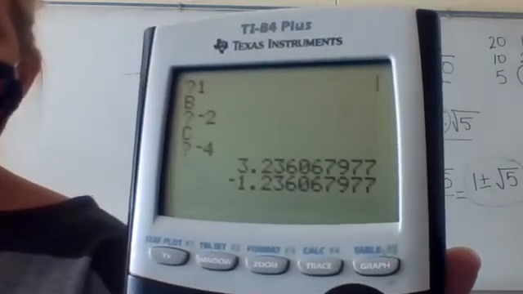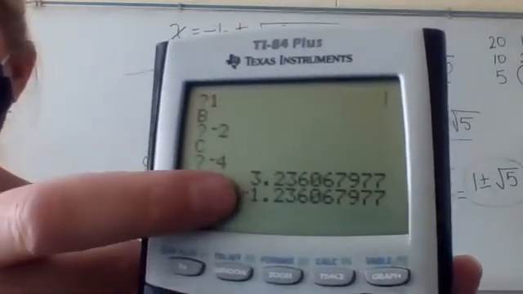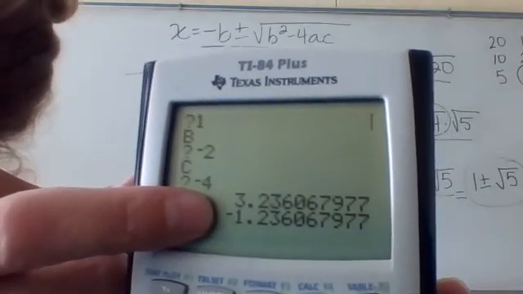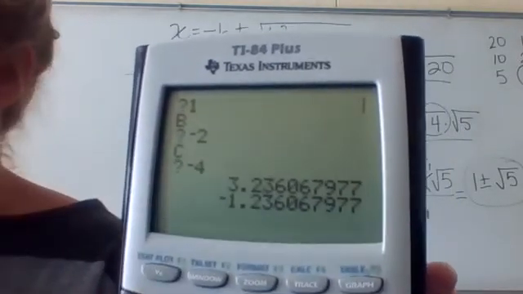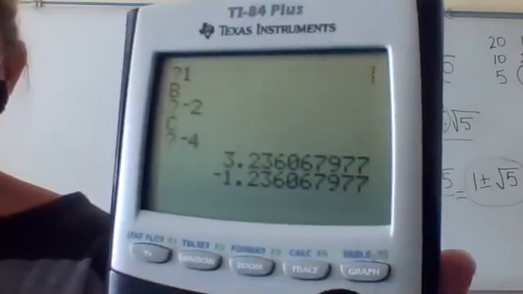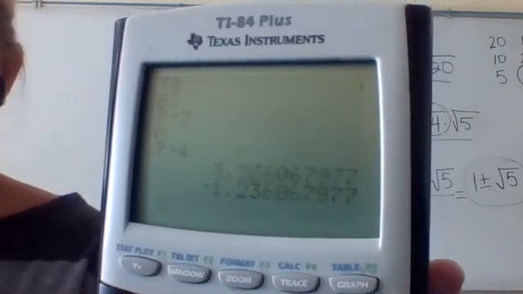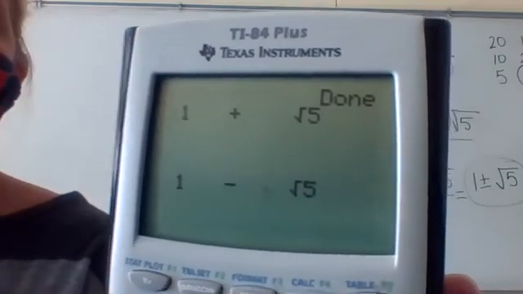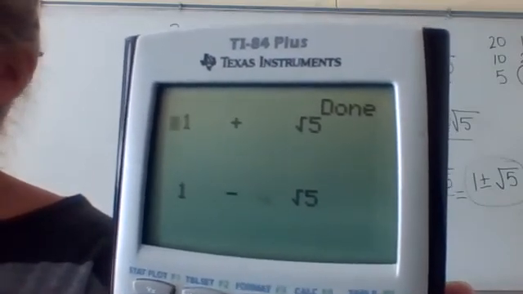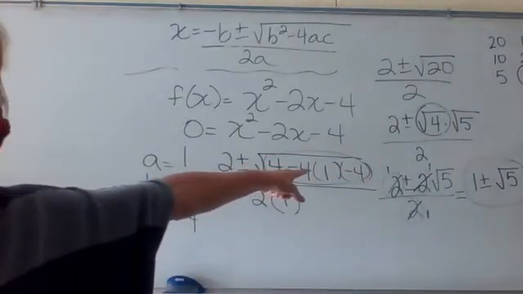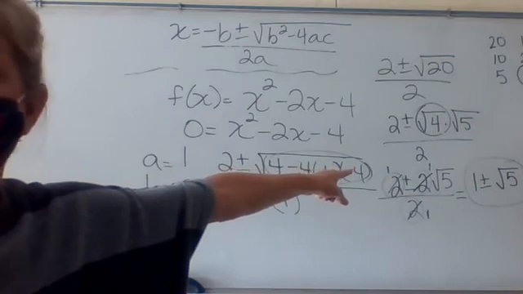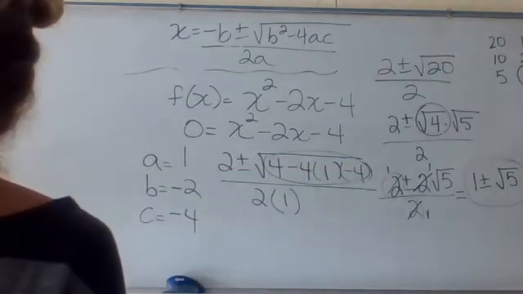So when it asks you for the approximate solutions, these are the numbers that it wants you to round to the 3 decimal places. So that's what you'll use. Now, look what happens when I hit enter again. 1 plus the square root of 5 and 1 minus the square root of 5, which is what my 2 answers are. 1 plus and minus the square root of 5.